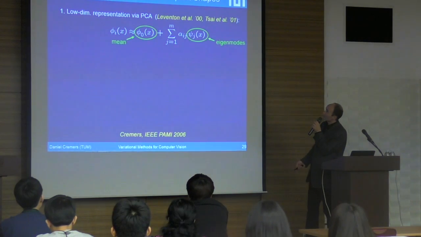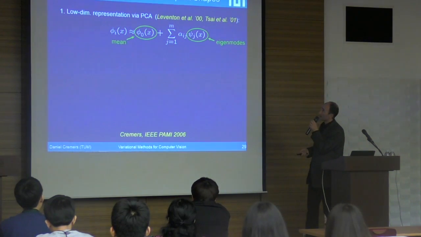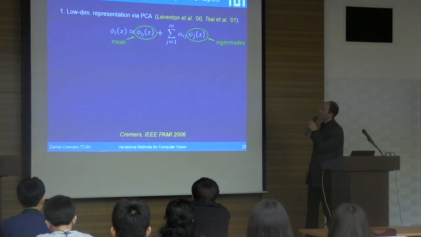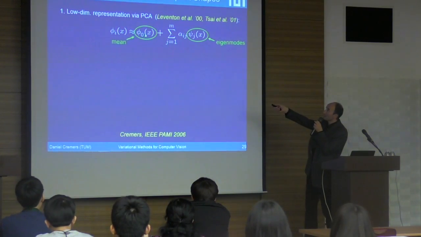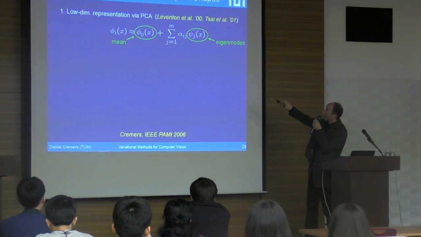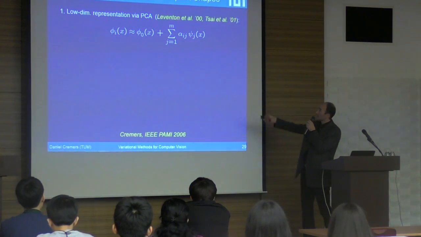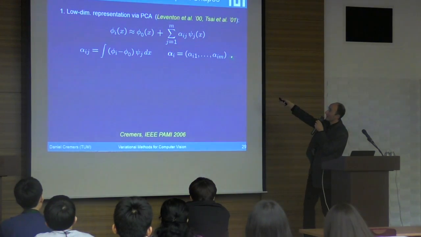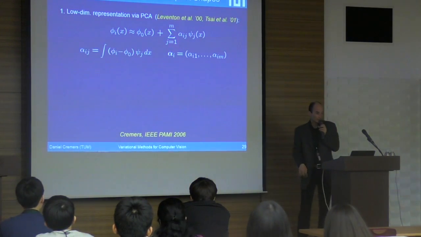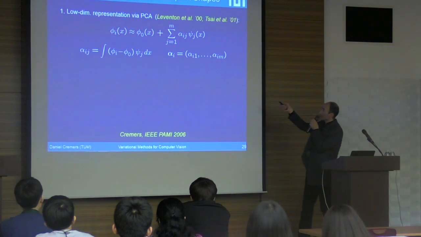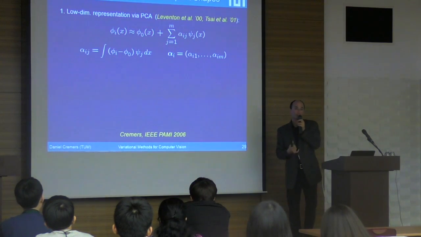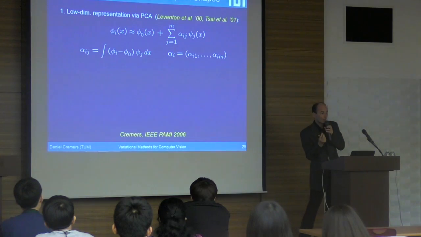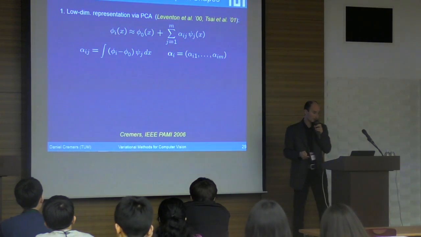And then for dimensionality reduction, I represent them with a principal component representation, meaning I have a mean embedding function and a set of eigenmodes. So basically that means I can then work with this vector of eigencoefficients. This is typically a vector that has, I don't know, 20 or 30 dimensions, depending on how accurately you want to encode the silhouette.